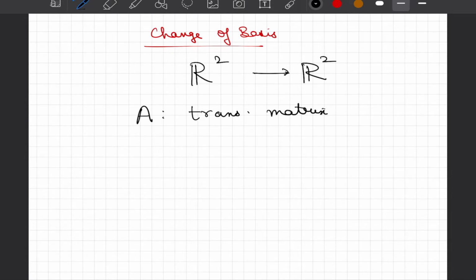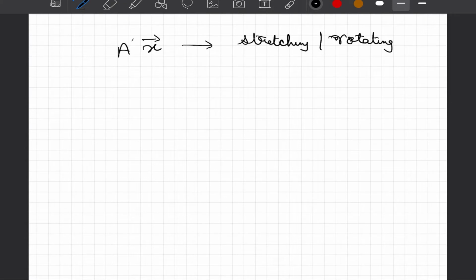We learned that whenever we multiply a given vector by the transformation matrix A, as long as this is a linear mapping, we are either stretching or rotating that particular vector. However, we will know this exact form of A in the canonical or standard basis.